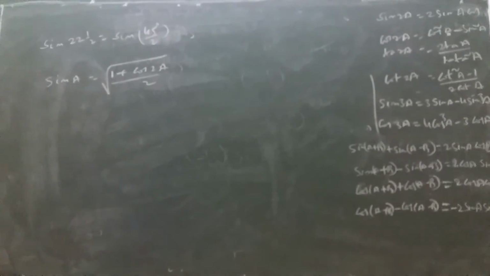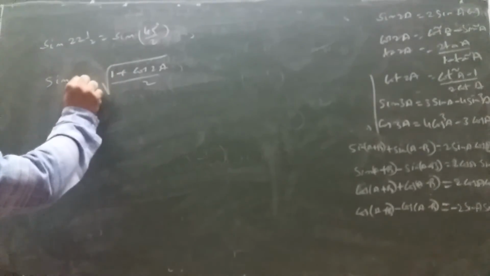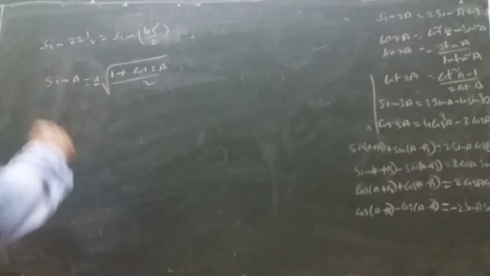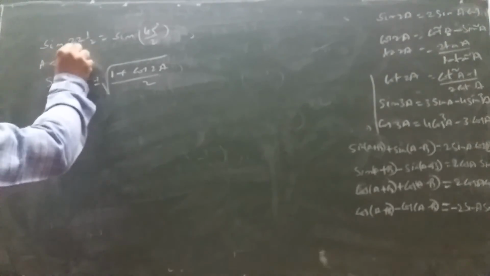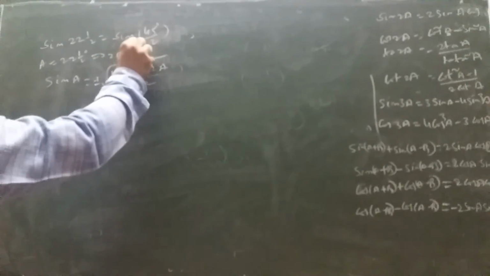Now we can use the formula sin A is equal to plus or minus root of (1 minus cos 2A) by 2. Here A is equal to 22.5 degrees, that implies 2A is equal to 45 degrees.